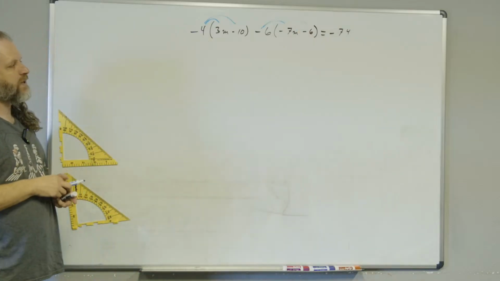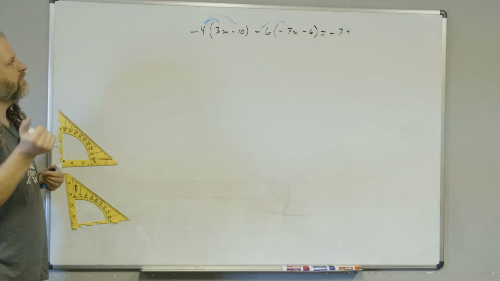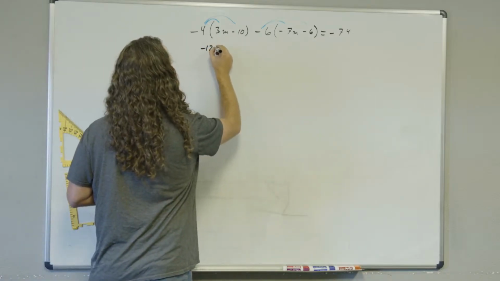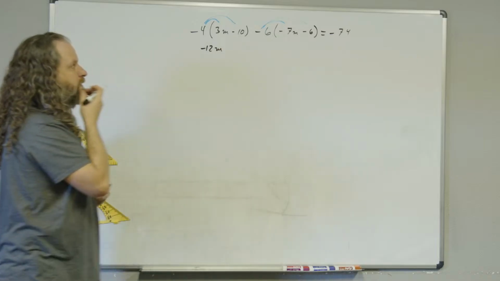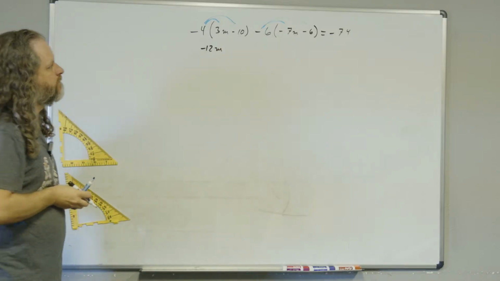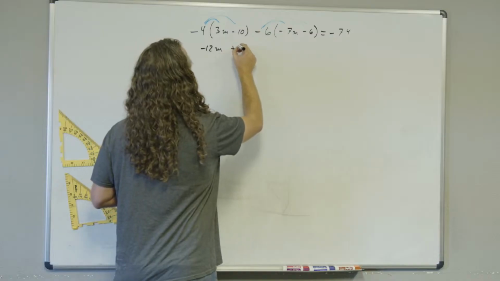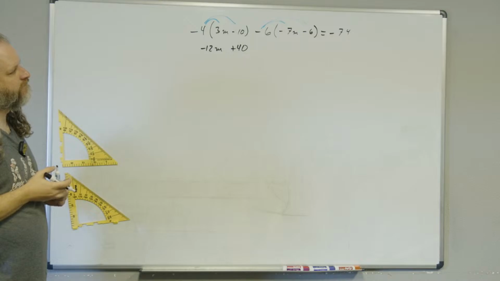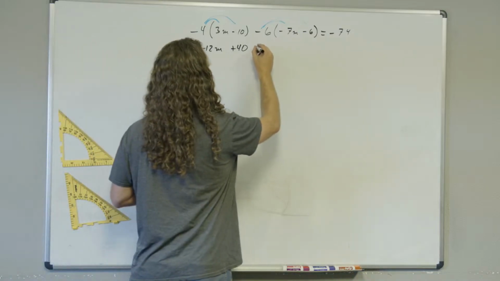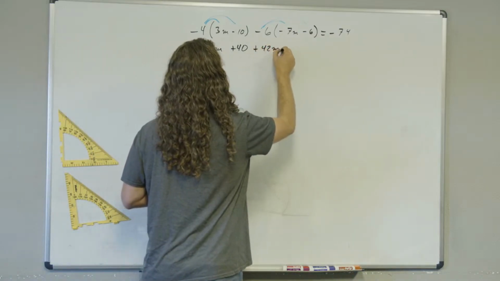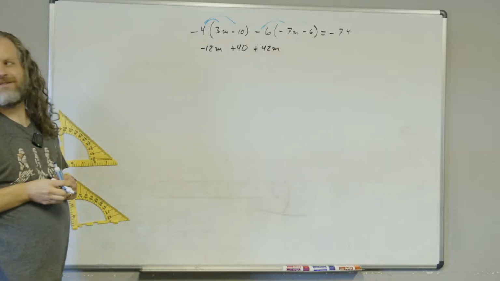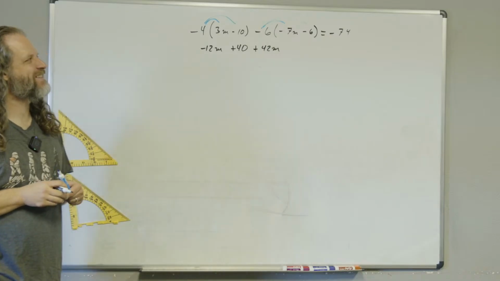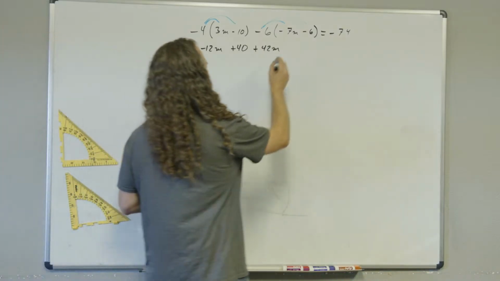What is -4 times 3m? -12m. -4 times -10. 40. -6 times -7m. +42m. What is -6 times -6? +36.